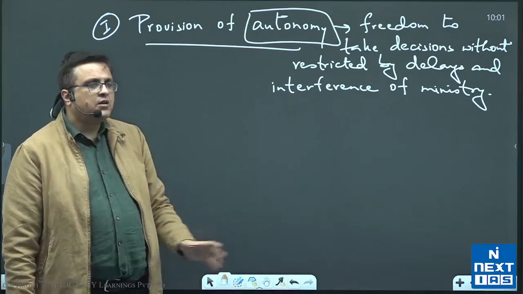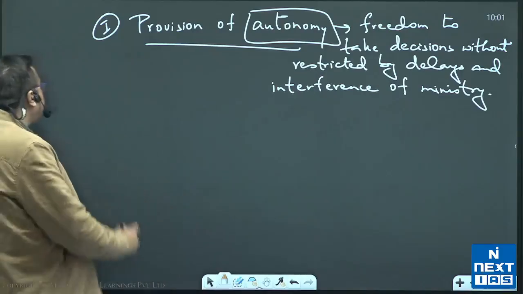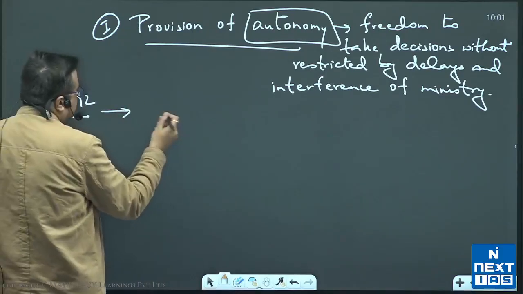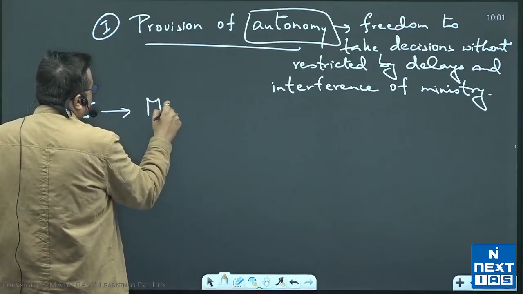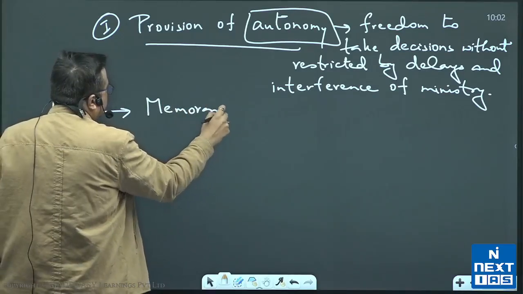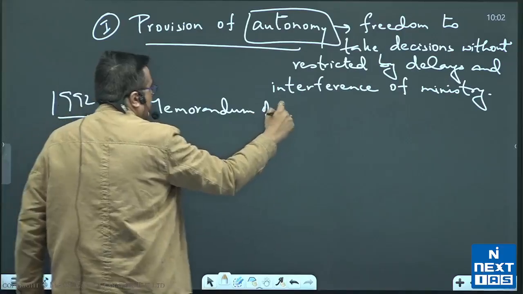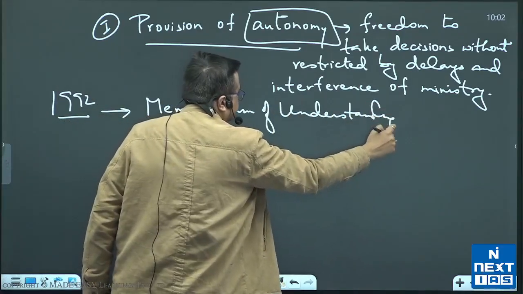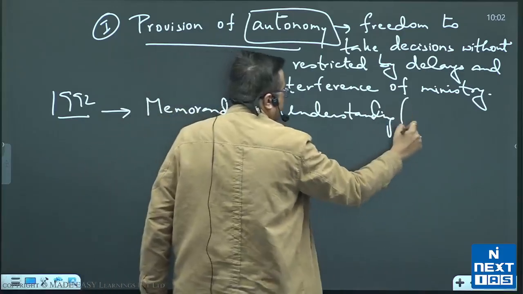All right. So government started it in 1992. Government introduced a scheme or a system called Memorandum of Understanding, MOU.